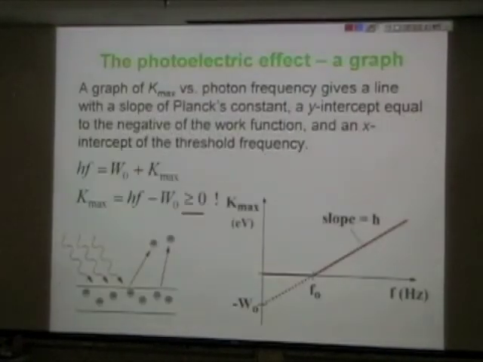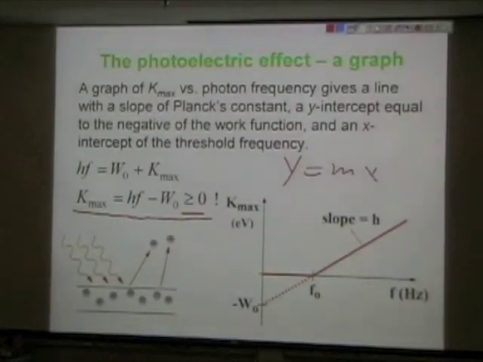And a very convenient way to analyze the photoelectric effect is using graphs. For this particular function, it looks like a linear function, y equals mx plus b. With a linear function, we know everything about these kinds of functions.